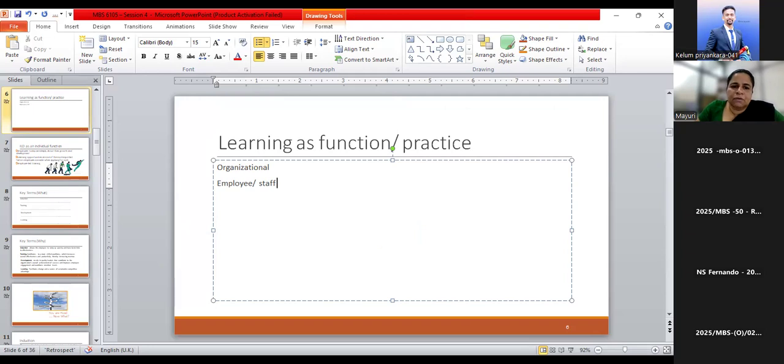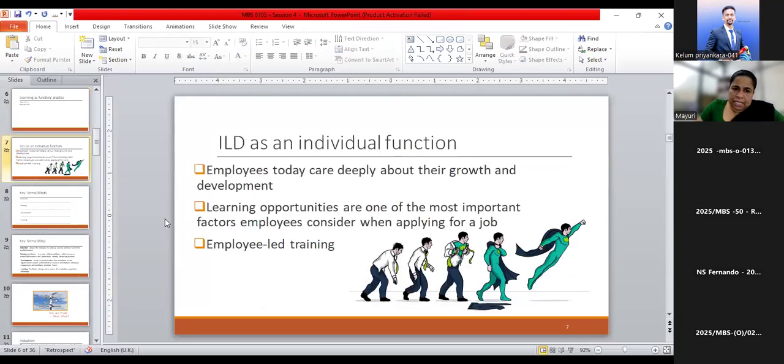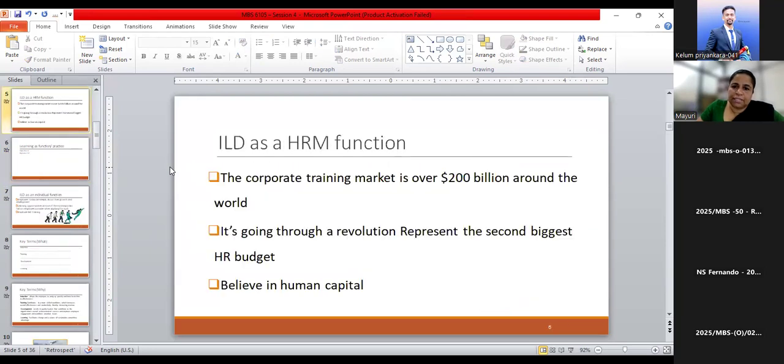First, when you look at learning from the organizational perspective, in organizations, what is the biggest budget, the biggest cost of HRM?